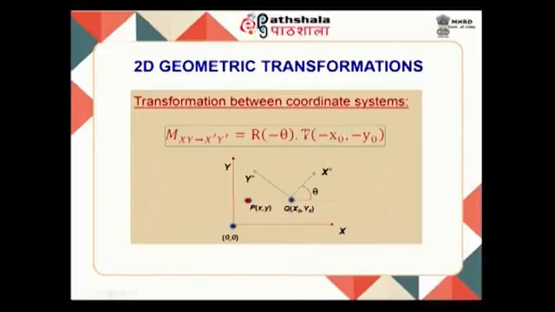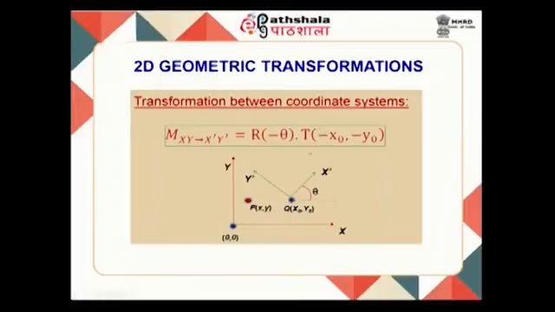Now see this, the composite matrix from xy to x dashed y dashed: given a point in the xy coordinate system, its equivalent in the x dashed y dashed coordinate system is obtained by doing the translation first, T of minus x naught, minus y naught, for the origin of the derived coordinate system, and then aligning the x dashed with x and the y dash direction with y, so R of minus theta.